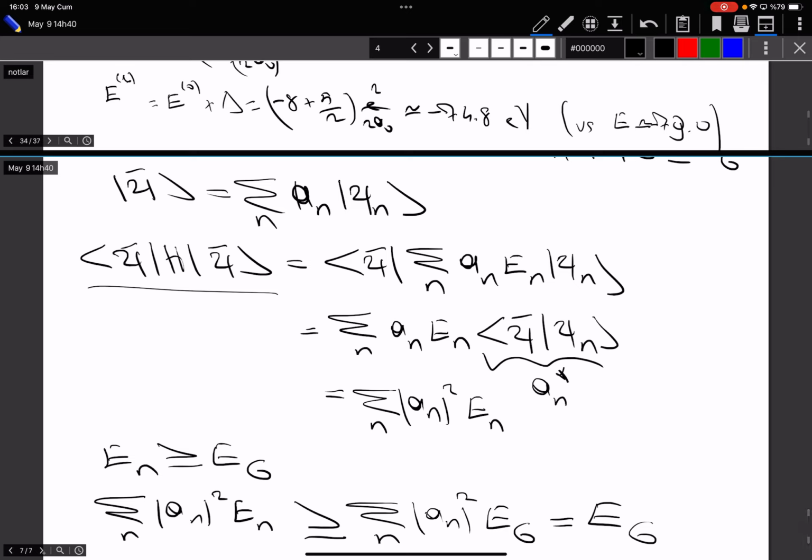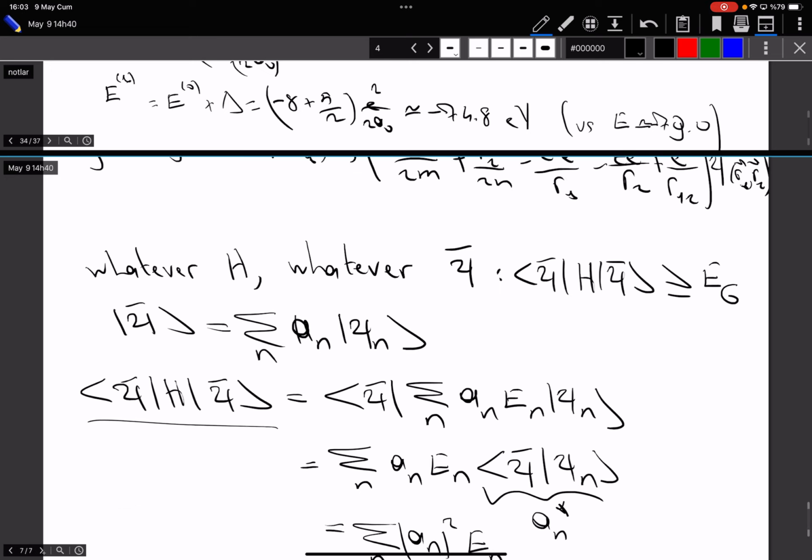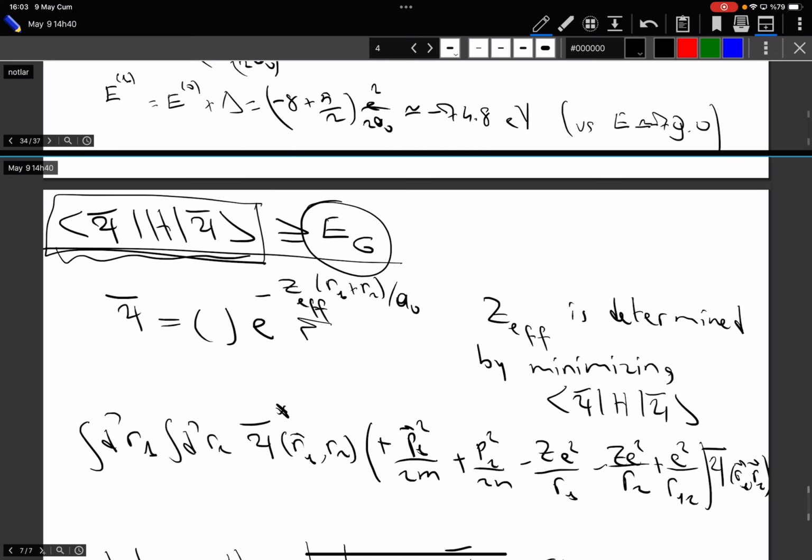Well, I feel like we already tried to calculate E_g. Yes, that is what we are trying to calculate. That is what we don't know. But I know the Hamiltonian. I can just come up with any wave function you like. So we don't know the right-hand side, but I can calculate the left-hand side.